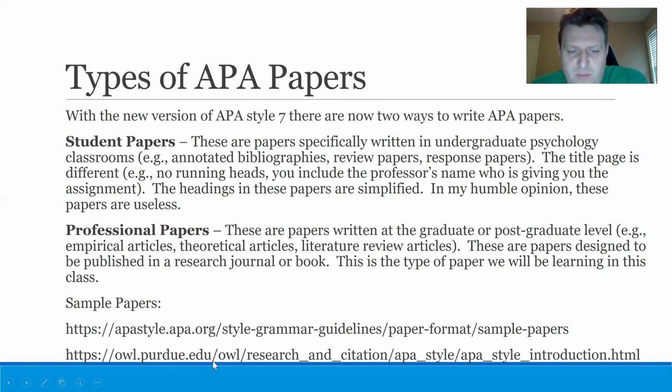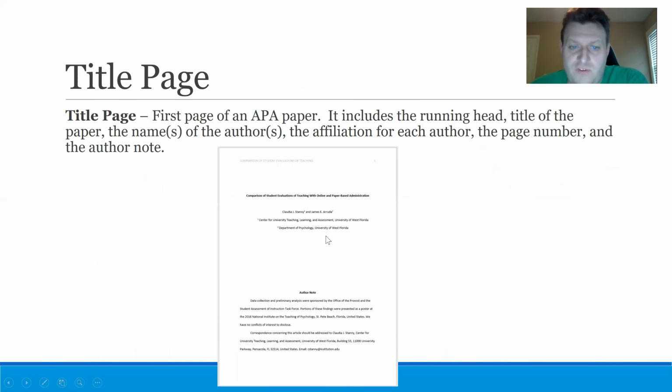And here is Purdue OWL, which is a wonderful website to learn all different kinds of writing styles, MLA, Chicago, whatever kind of writing style. Purdue OWL has a good explanation for things. So I strongly encourage you to look at that website if you're having trouble, or just looking at it in general.